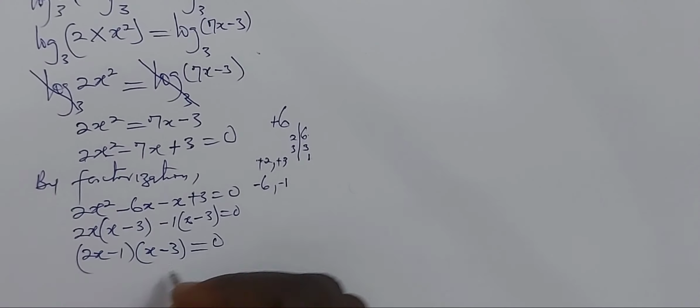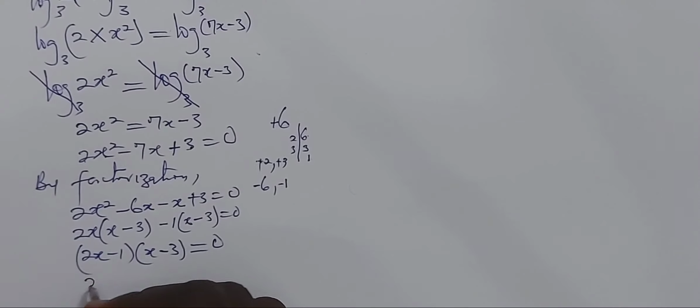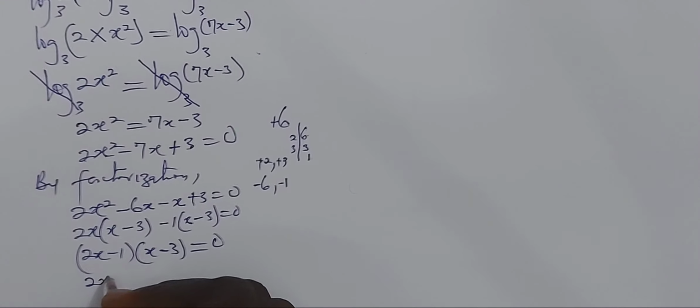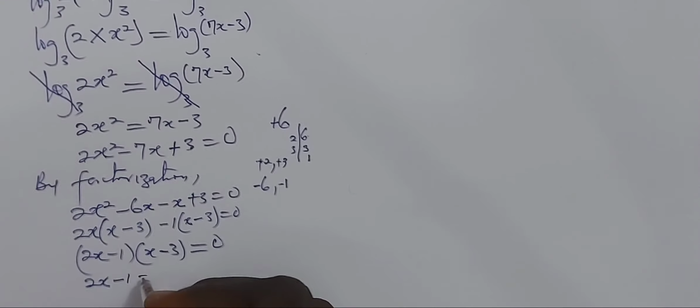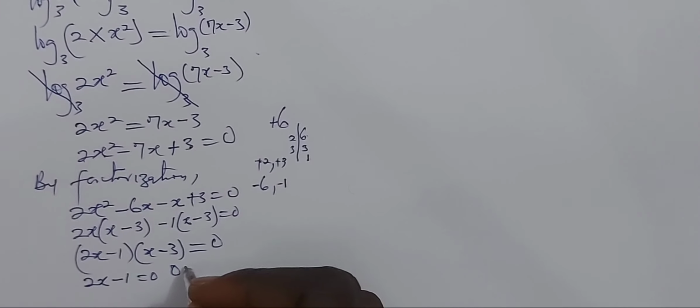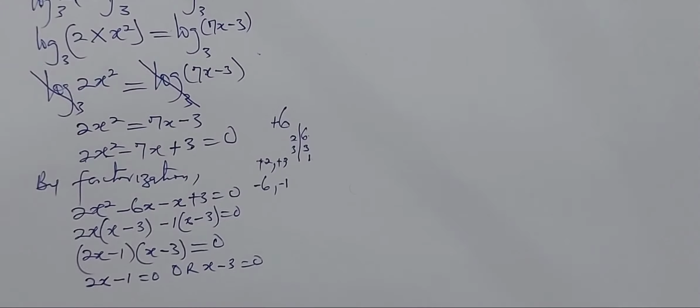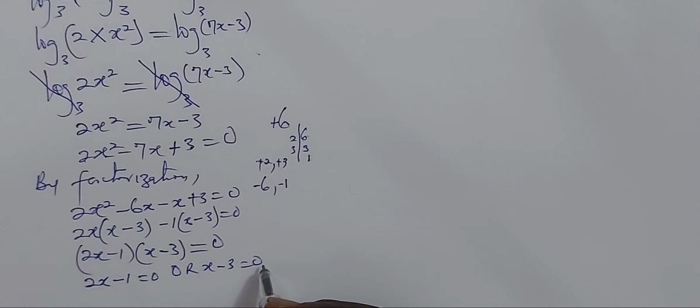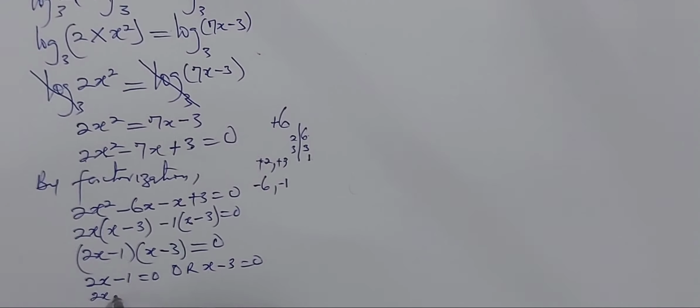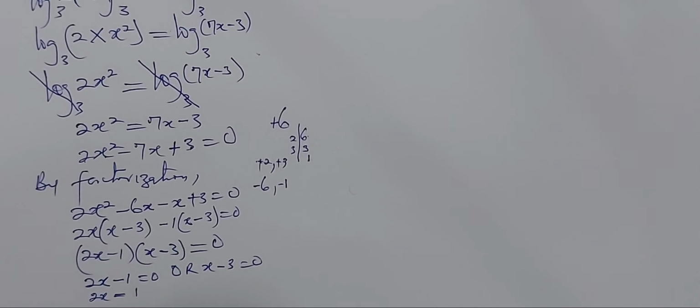Your answer is 0. So you write 2x minus 1 equals 0, or x minus 3 equals 0. That is quadratic for you. And so if you want to solve it one by one, 2x is equal to 1, x is equal to 1 over 2.